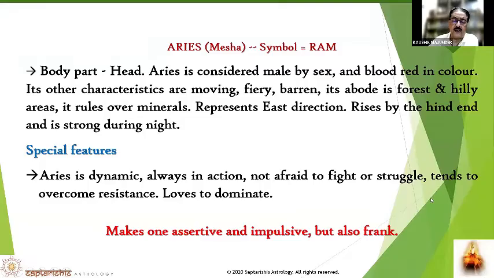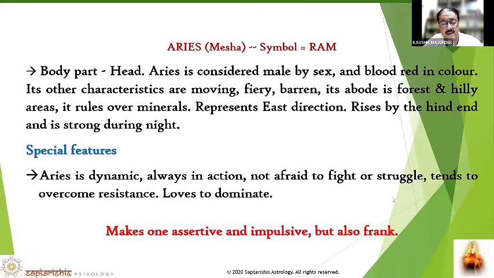The best way, as Sunil sir has already hinted, is that if somebody wants to go deep into these characteristics, he has to study 3, 4, 5 classics, where many other characteristics are given, and compile them to make a comprehensive worksheet about the characteristics of each sign.